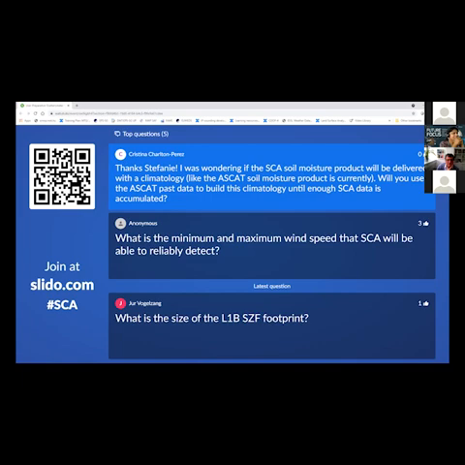The condition is that we start combining the ERS scatterometer, METOP ASCAT, and second generation SCA into the joint data record.